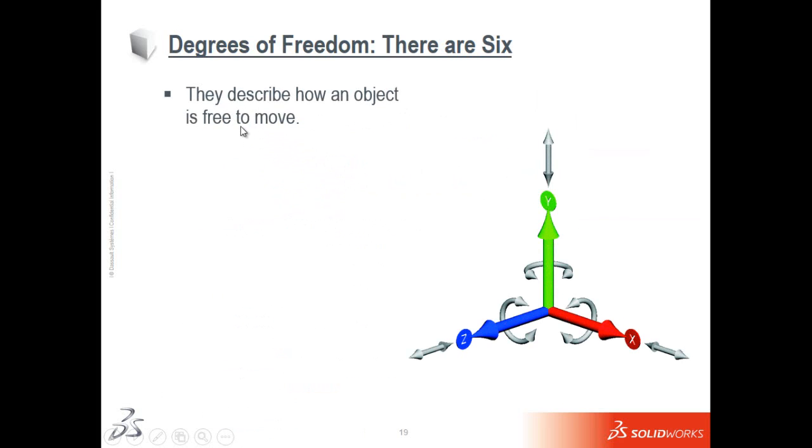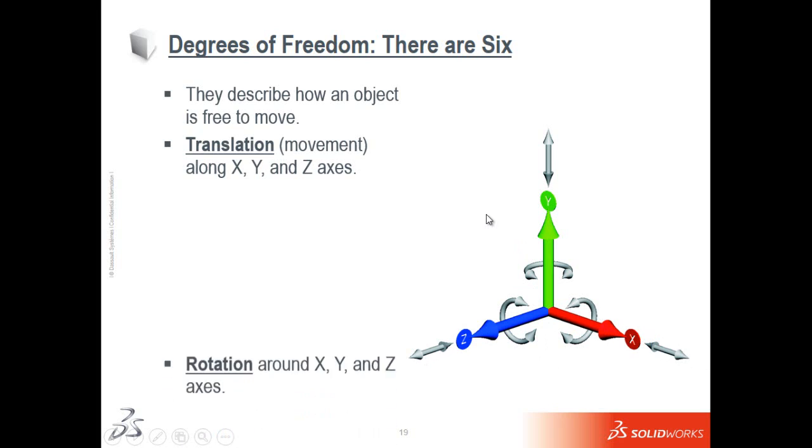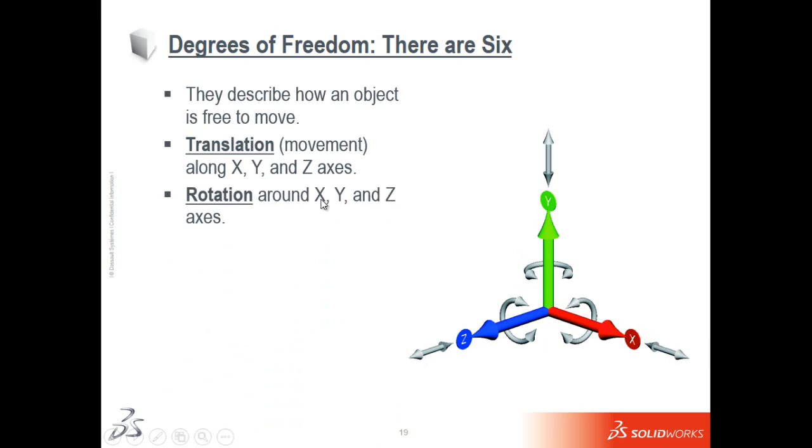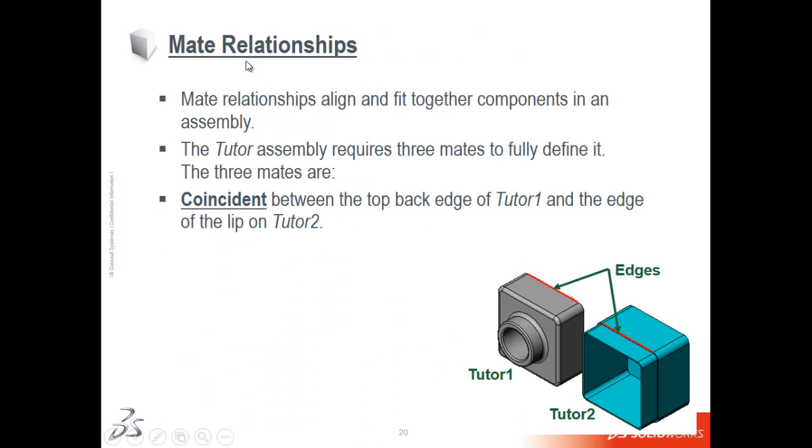They describe how an object is free to move. Here's our triad. Translation is movement along the X, Y, and Z axes. Translate up, translate down, translate across on the X, back and forth, translate in or out on the Z. Rotation around X, Y, and Z.